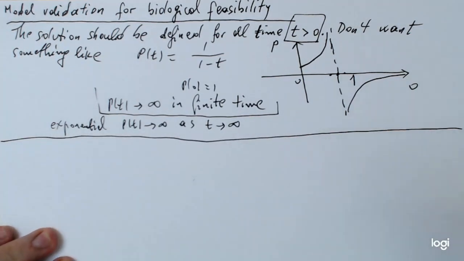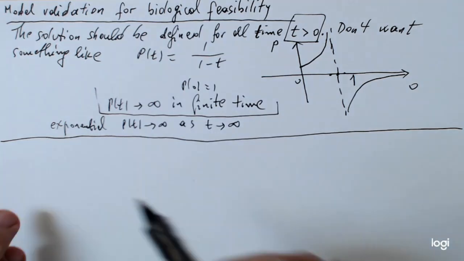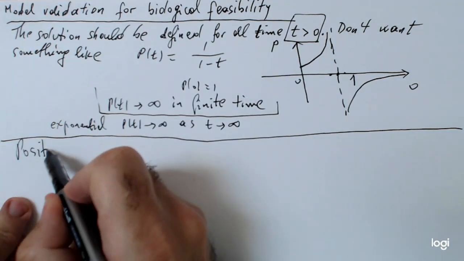Another obvious problem with biological feasibility is the so-called positive invariance. It's not a fancy name.